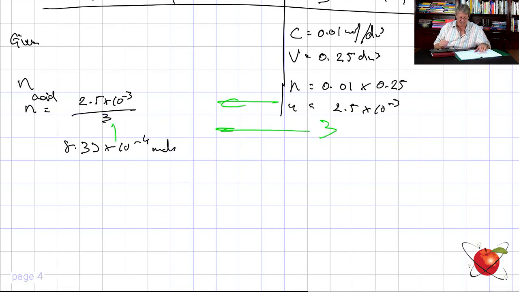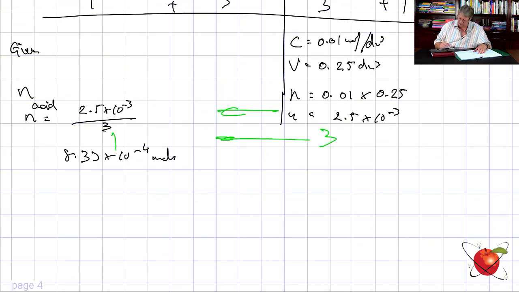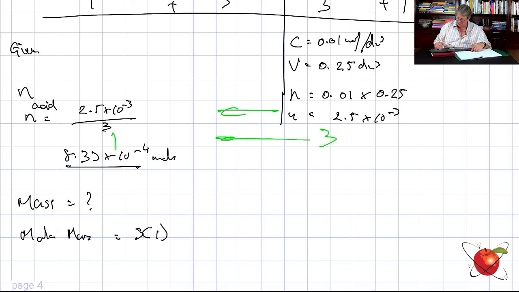Then they say, okay, what mass? I go back and they are asking me for the mass. I've got n, therefore I need the molar mass. The molar mass of H3PO4 is 3 times 1 plus 31 plus 4 times 16, which is 98 grams per mole.